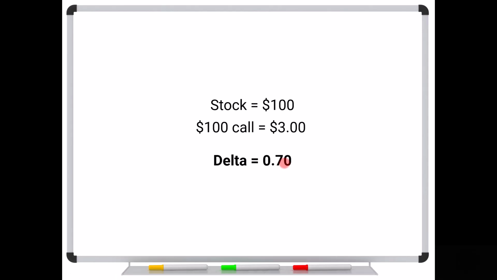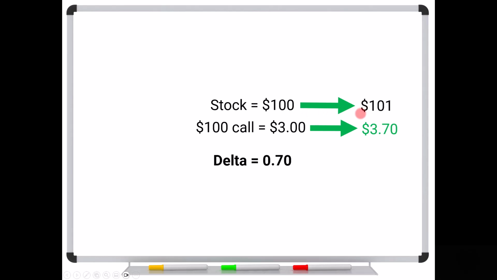To make it easy, if the stock rises $1, we're going to pick up 70% of that, or 70 cents. So if the stock climbs from 100 to 101, we would expect that this $100 call is going to rise from 3 to 3.70. It's going to pick up 70% of that $1 change.